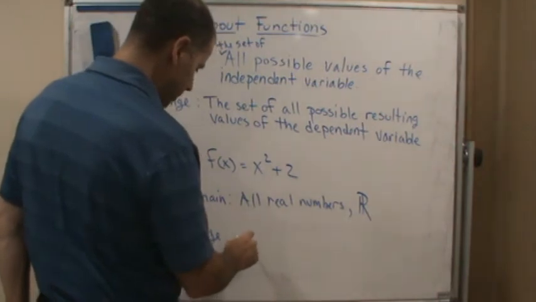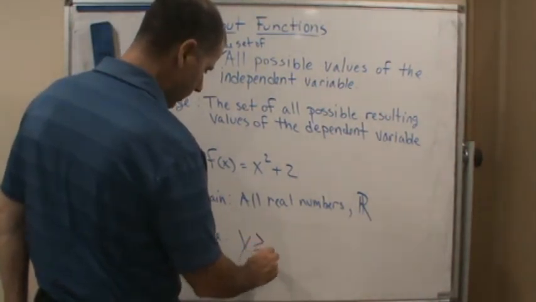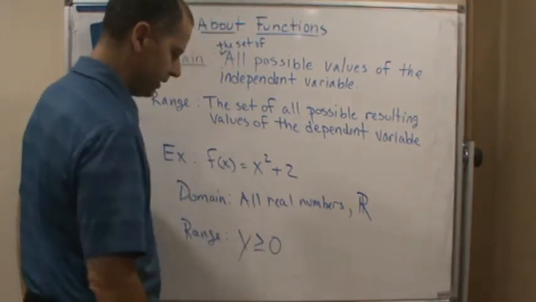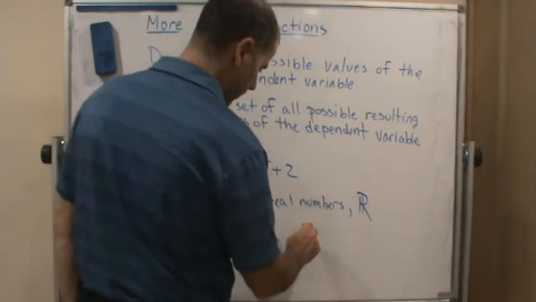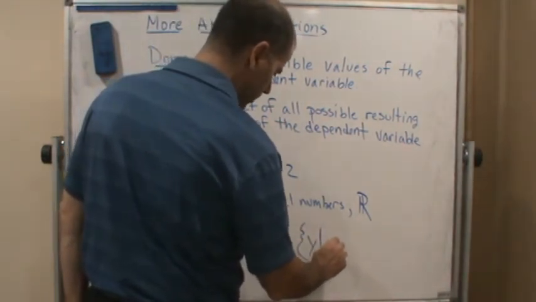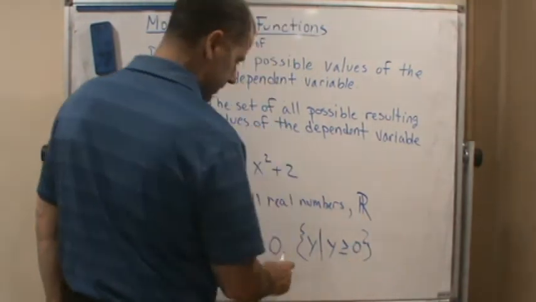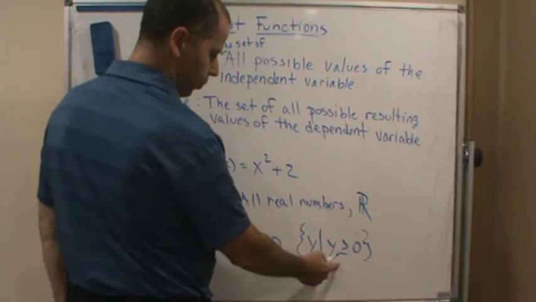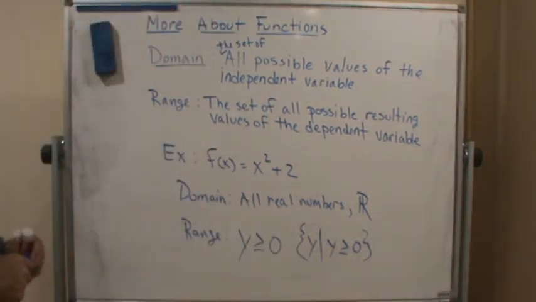So the range would be all values of y that are greater than or equal to 0. Or if we use the set builder notation, we write the range this way. The set of all y such that y is greater than or equal to 0. And that's the range.